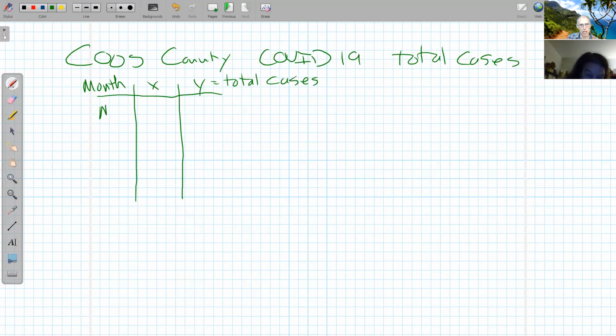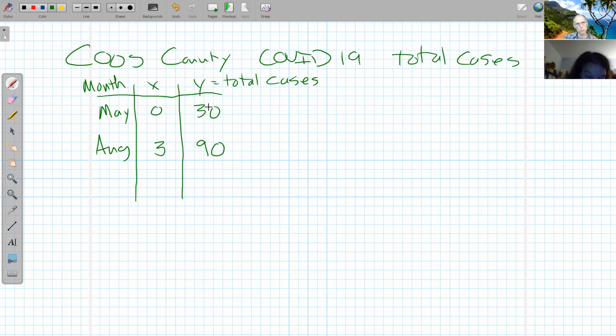So in the month of May, which is my starting month, my 0 month, they had 30 cases. And then in the month of August, which, let's see, May, June, July, August, that's 3 months later, counting on my fingers, and I highly recommend counting on your fingers for things like this, we jumped up to 90.